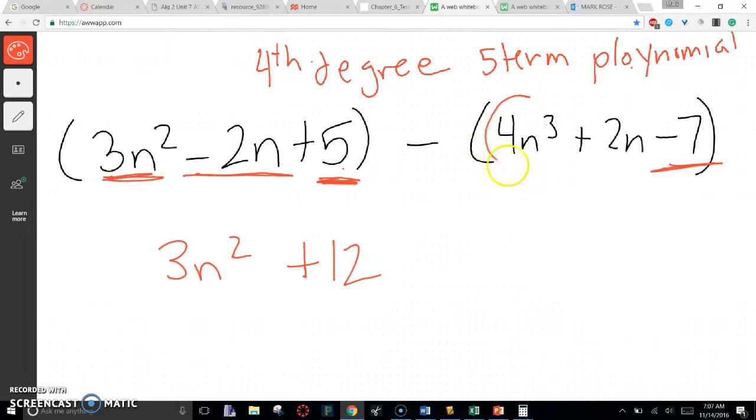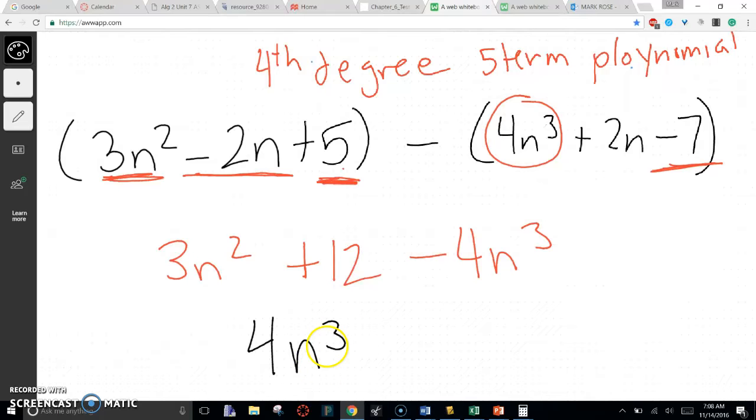And then there's nothing to subtract this 4n to the third with, so I would just get a negative 4n to the third. There's nothing to combine here. But we can rewrite this because we have everything out of order. So I'd write this as 4n cubed plus 3n squared plus 12.